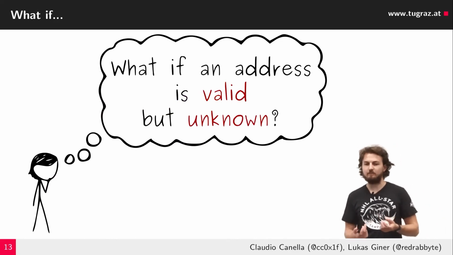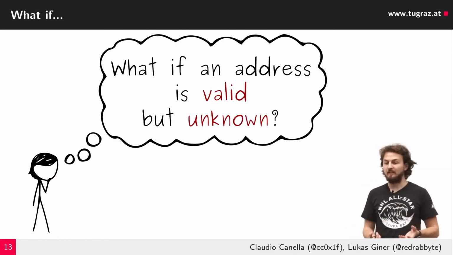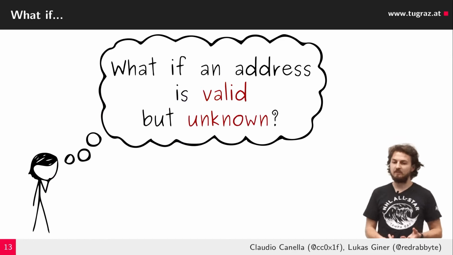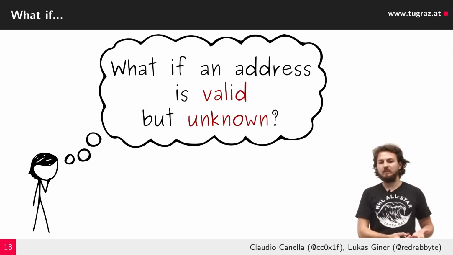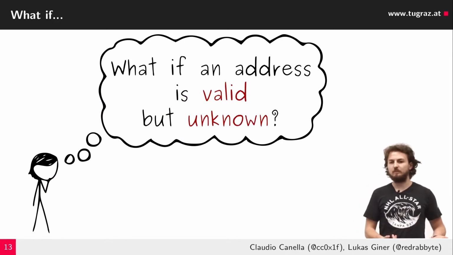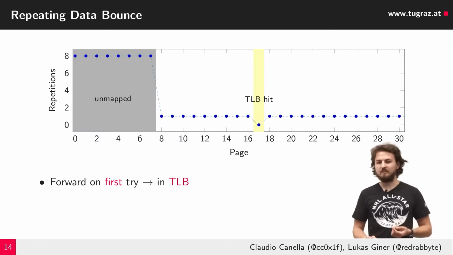So the question then is, what if an address is valid but unknown? We know that the address is backed by physical memory, but the information that it is backed is not known to the CPU currently because there's no TLB entry. So based on this, if we repeat data bounds, we should learn something.